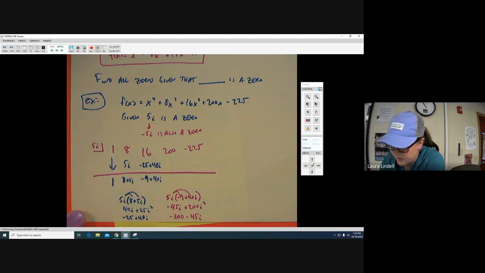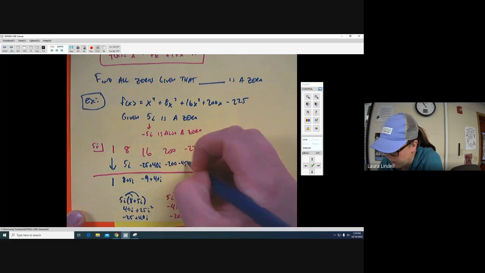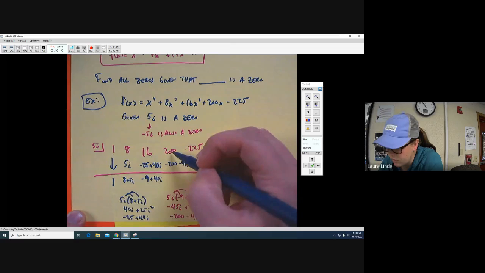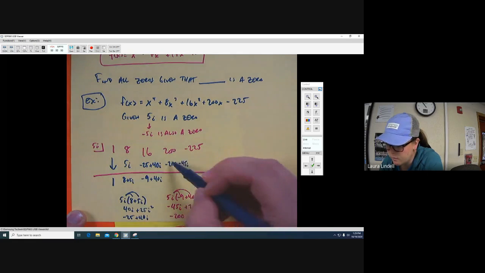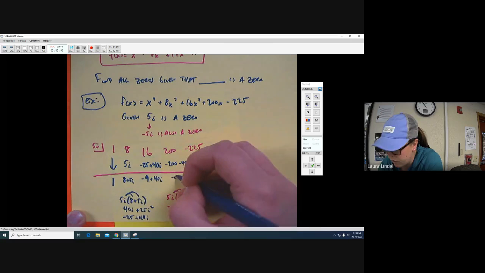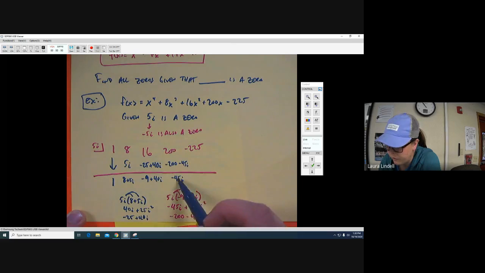So that's what's going to go right here, negative 200 minus 45i. So when I go to add these, this is something nice. 200 plus negative 200 is 0. So we're left with just negative 45i right here. Then we go negative 45i times 5i.